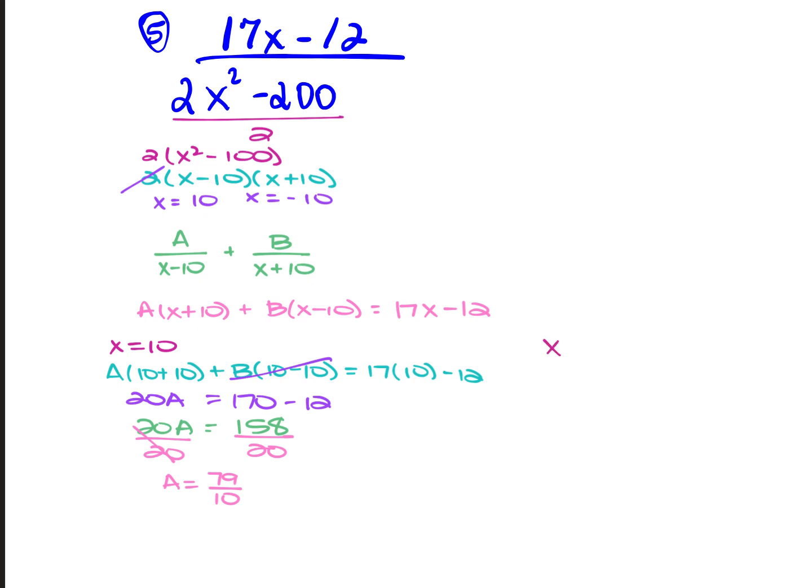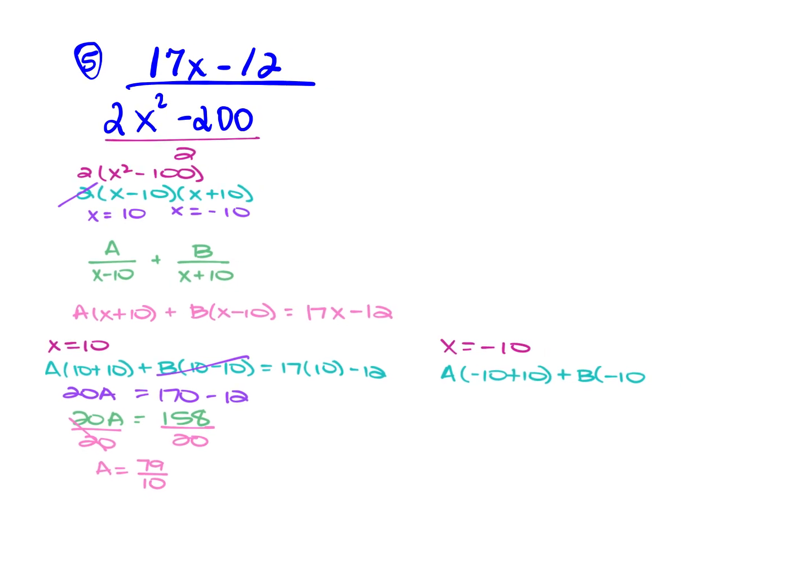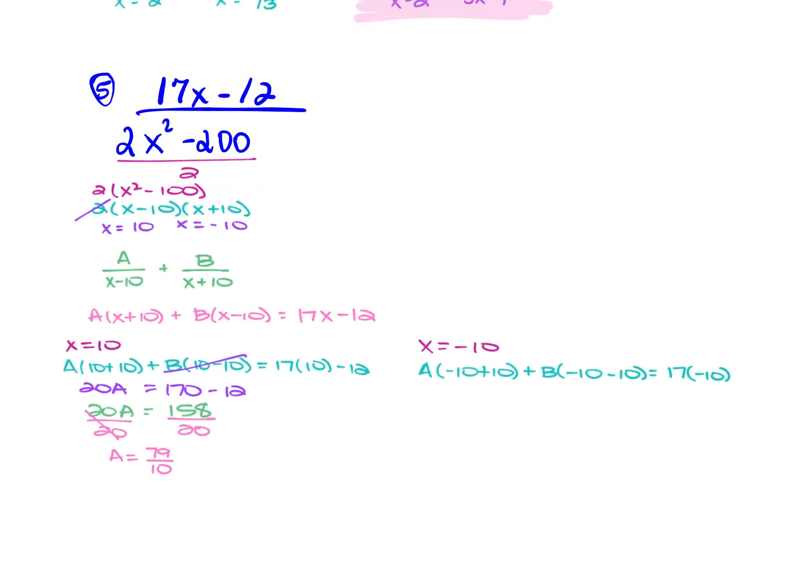Use now that x is equal to -10. This is going to give you a times -10 plus 10 plus b times -10 minus 10 is equal to 17 times -10 minus 12. -10 plus 10 is 0. 0 times a cancels out.